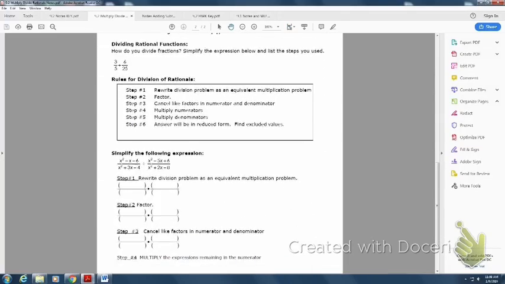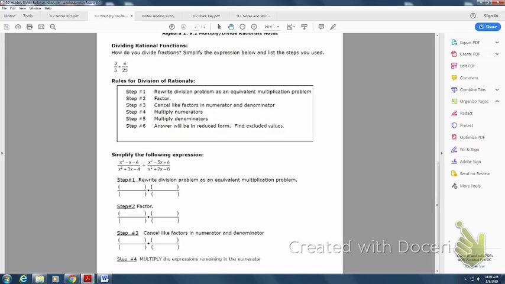Turn over to the back. So just looking at the example that we have up here with just numbers, how do I divide 2 fractions? If I have a fraction divided by another fraction, how do I do that?